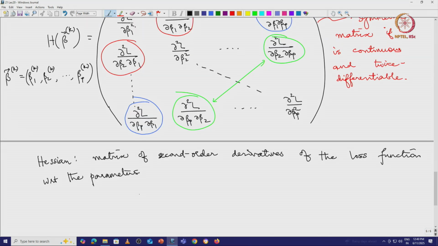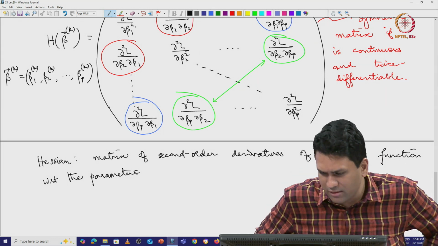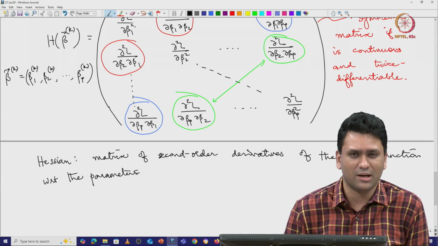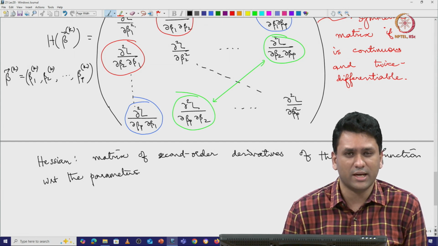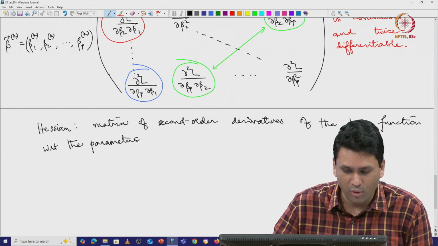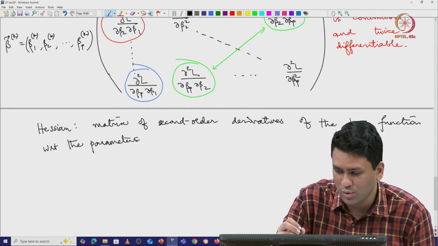Now why is the Hessian so important? This requires a detailed discussion of the math that exists behind this, and I believe it is useful to go into the math, because that will give you a lot of physical insight into what is really happening. So let us go ahead and understand why this Hessian is so important.